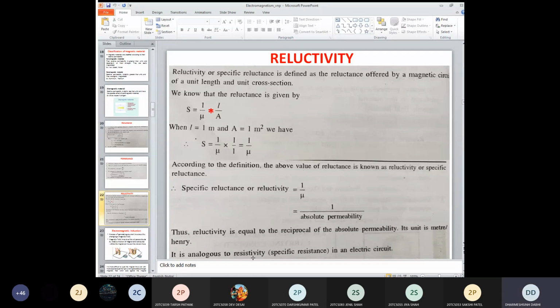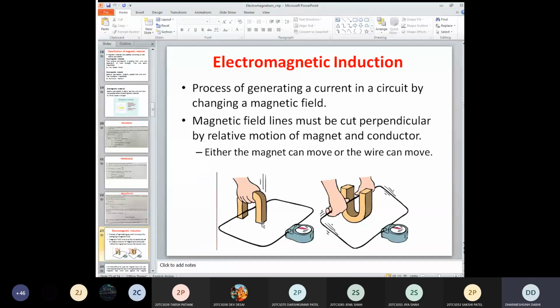It is exactly the same as the specific resistance in the electric circuit, so you can make the analogy with the resistivity in the electric circuit. Next term, we have seen electromagnetic induction. Electromagnetic induction is the process of generating a current in the electric circuit by changing the magnetic field.